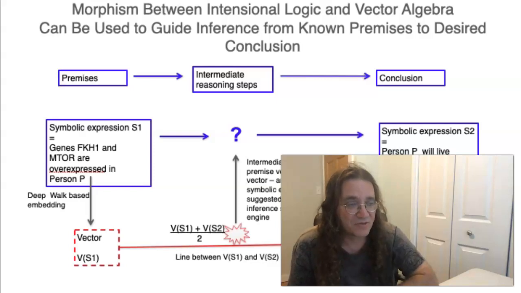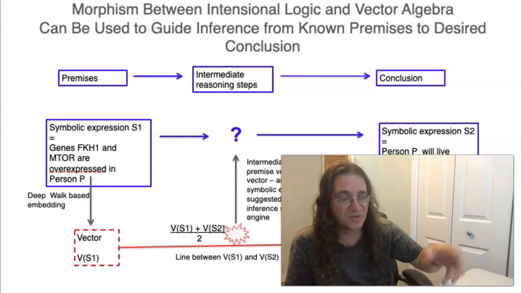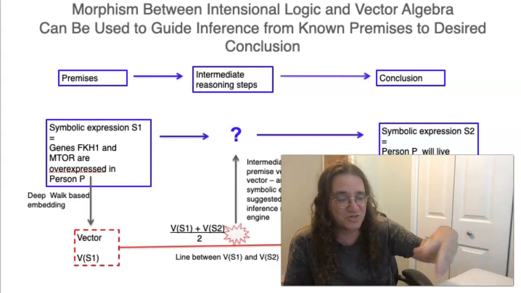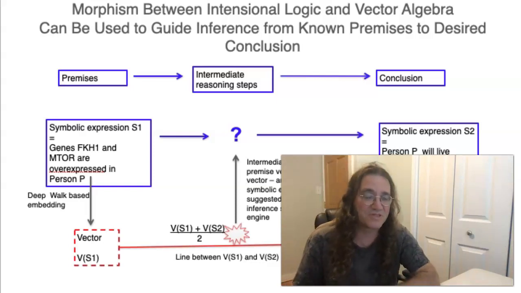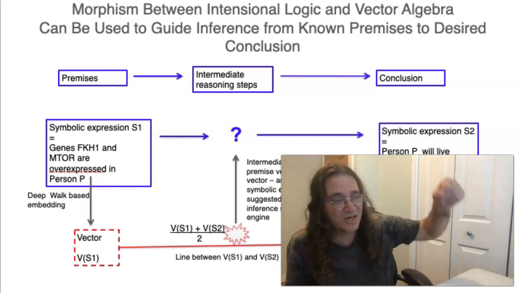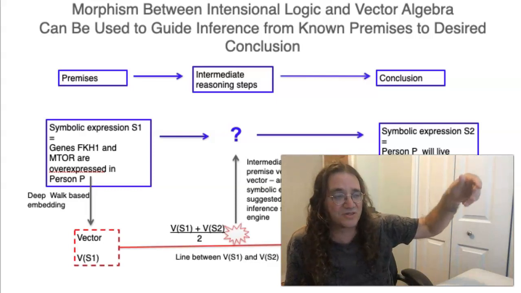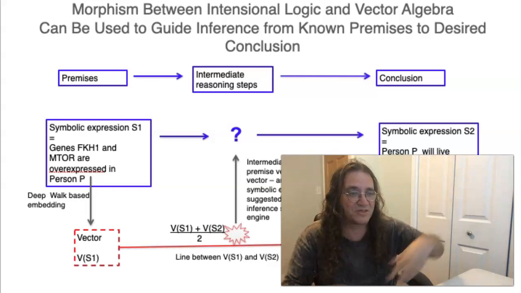So you want to get from certain logical premises to logical conclusions. Say the conclusion you want to understand is, why would it be that this particular gene or combination of genes or gene variations is involved with longevity? Maybe the premises are a particular biological data set or a particular knowledge base, and you want to see whether this conclusion about the causes of the correlates of longevity will follow from this body of biological knowledge.